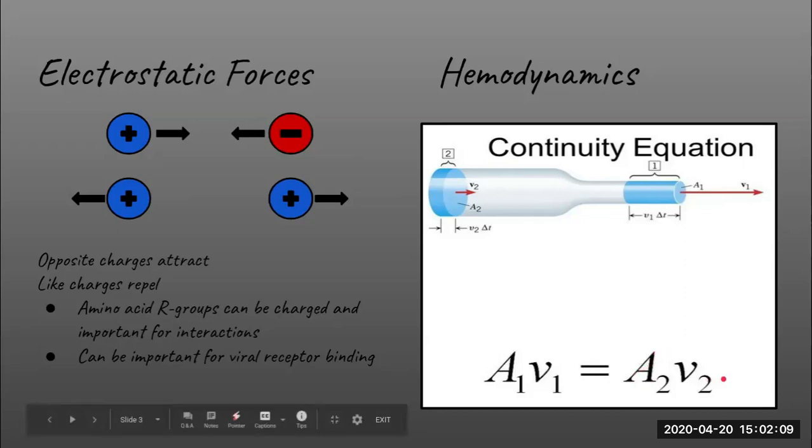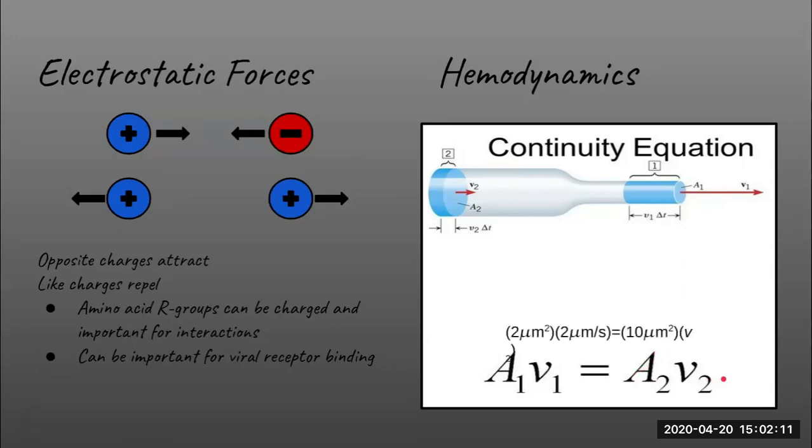If we were to plug in some numbers, this isn't going to be heavy math or anything, it's just an example. We have a 2 micron area, 2 microns squared, times 2 microns per second velocity.